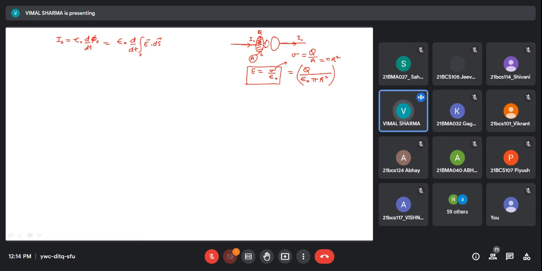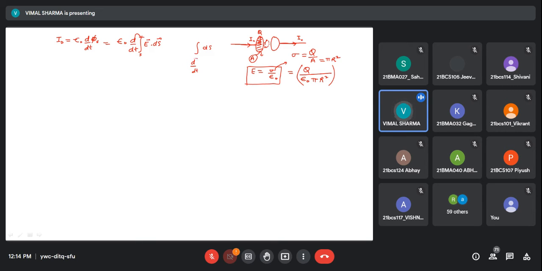And this is not a closed integral, this is an open integral, because my surface is a plane surface, an open surface. As I said yesterday, we can interchange the operation of these operators. I have an integral operator and another operator, d by dt.